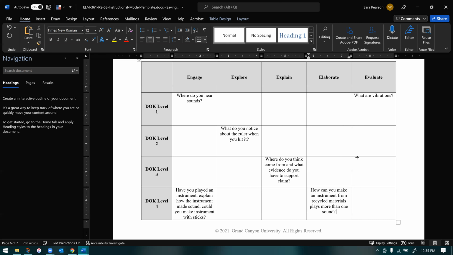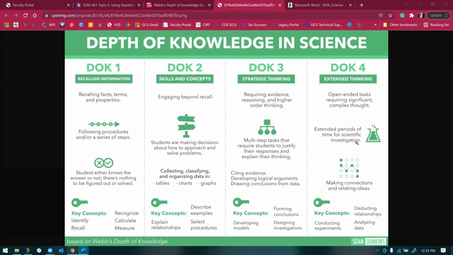That's going to get us to a deeper level where we see students are extending ideas. It's open-ended. I'll have them actually create it from recycled materials. They're going to have some thought there, and they're connecting and relating ideas.